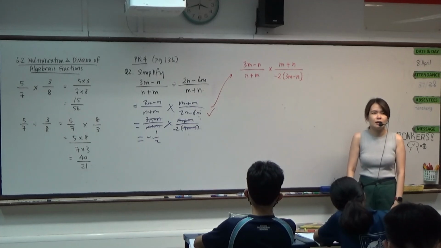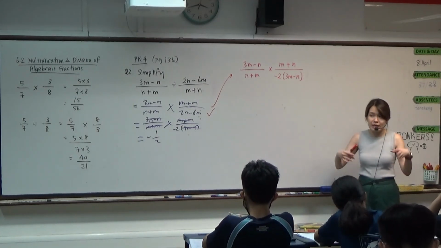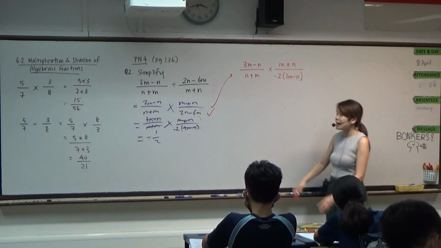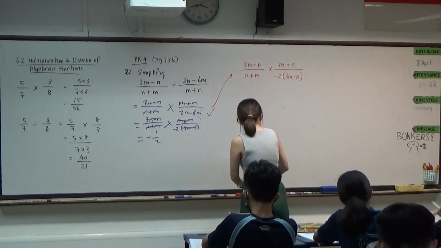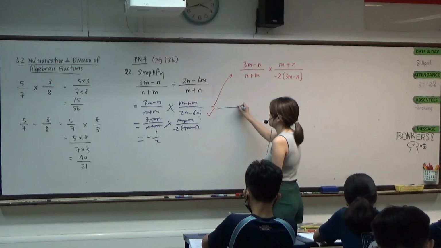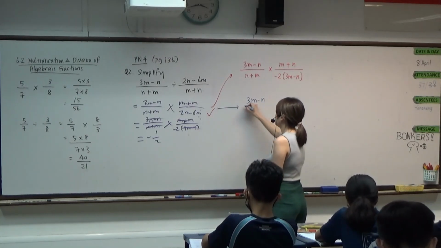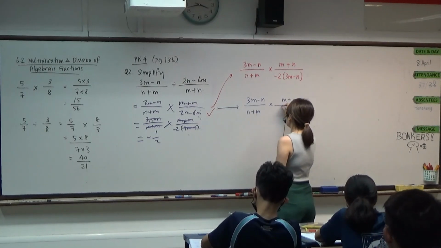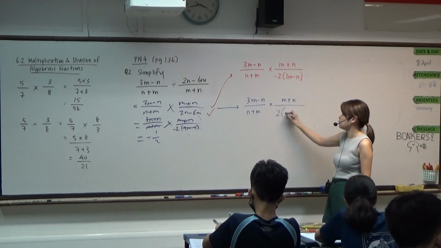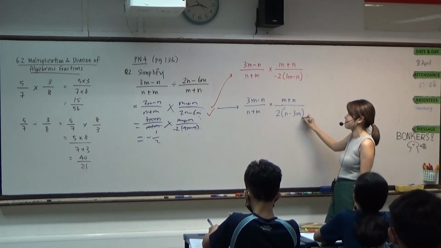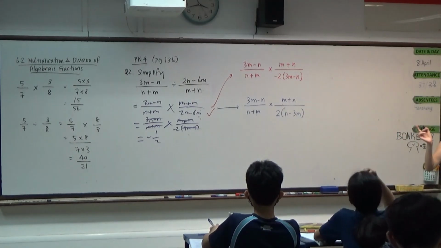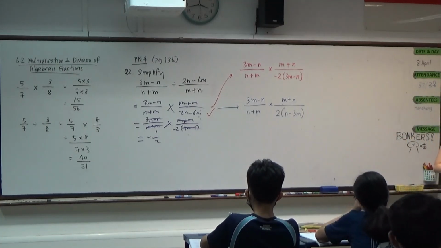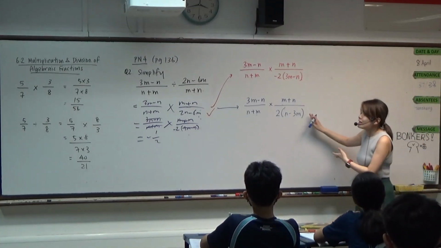Most of us would likely have chosen to factorize out a 2, and then we get n minus 3m. Are we able to at least get that? What's the problem with this?